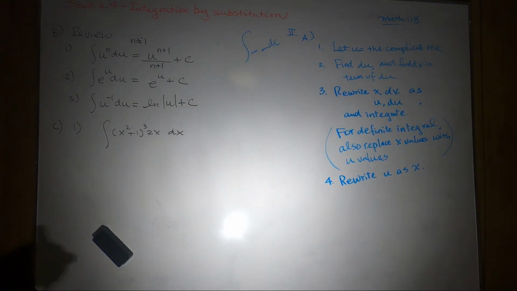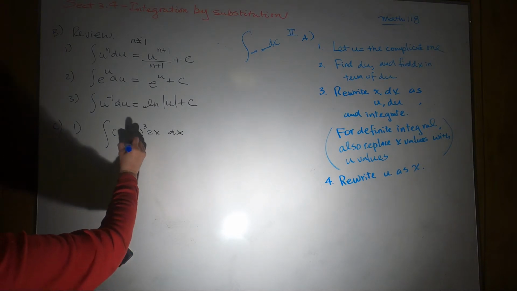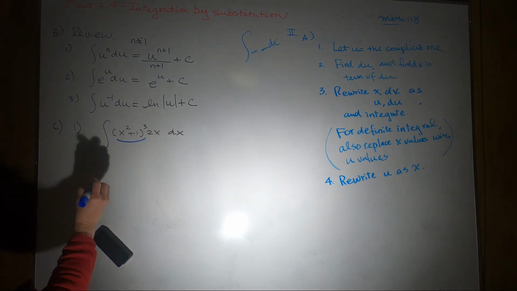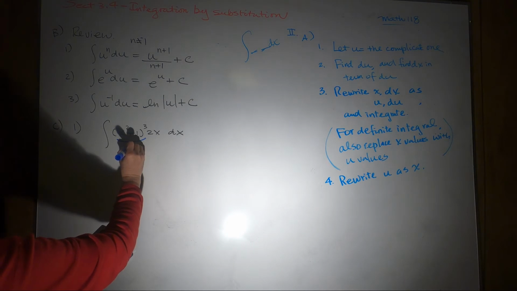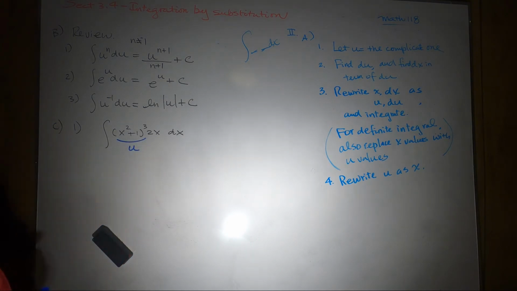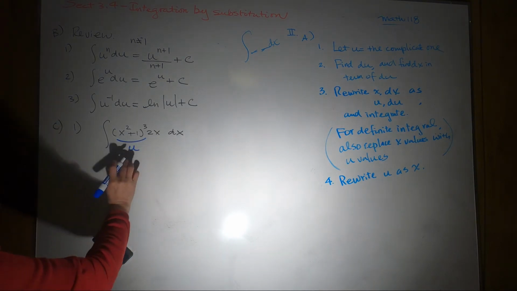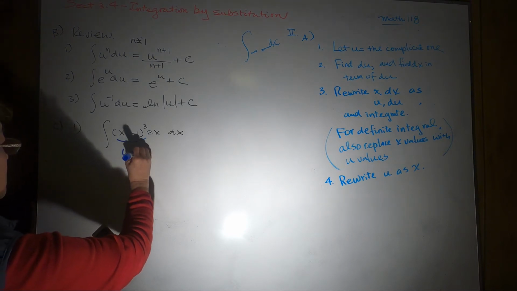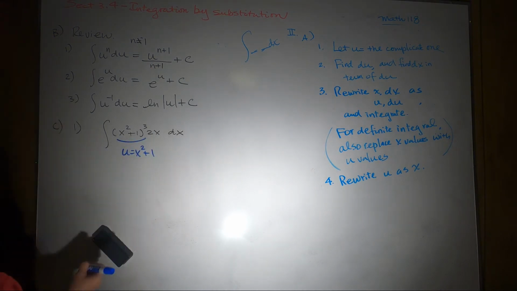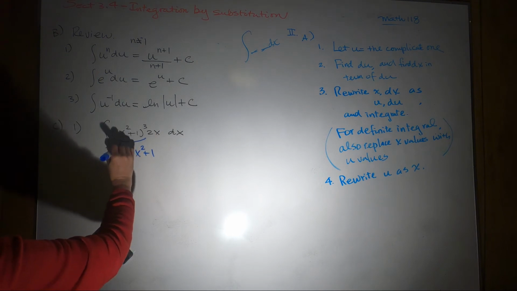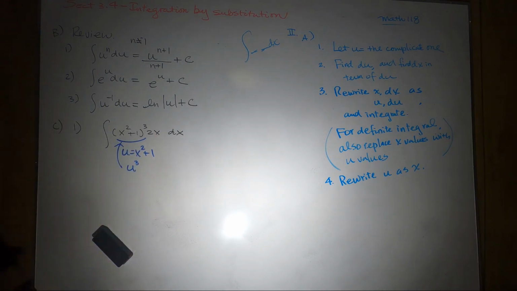So we say the complicated one is u, okay? So my u is x squared plus 1, then for the cube, I have u cubed, right?